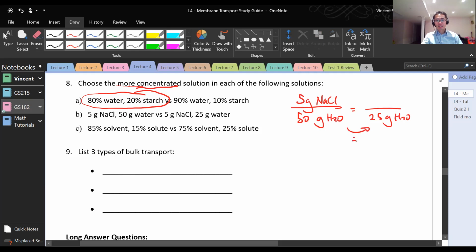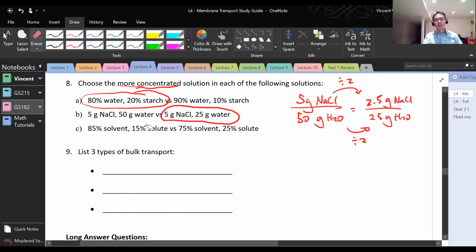But if I divide the bottom by 2, I must divide the top by the same number, right? So 5 divided by 2 is 2.5 grams of NaCl. So the first solution is equivalent to 2.5 grams in 25 grams of water. Compared to 5 grams of salt in 25 grams of water, this one has more salt. So that is more concentrated.